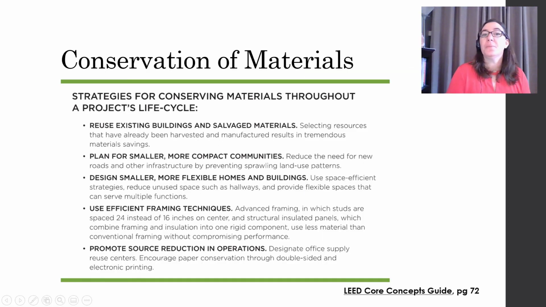In general, here are some strategies for conservation of materials. The first and biggest one is to reuse existing buildings. Adaptive reuse of entire buildings is a powerful tool here. Or you can also reuse salvaged materials. Again, with the idea that you keep your construction to a minimum, you can plan for smaller and more compact communities and design smaller homes and buildings.